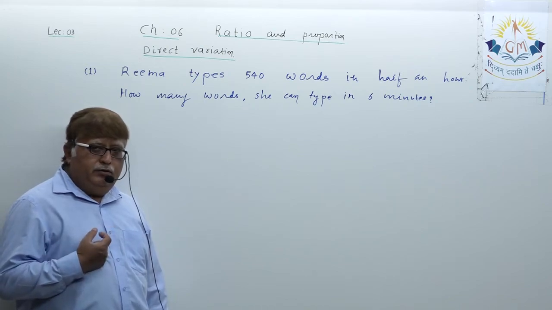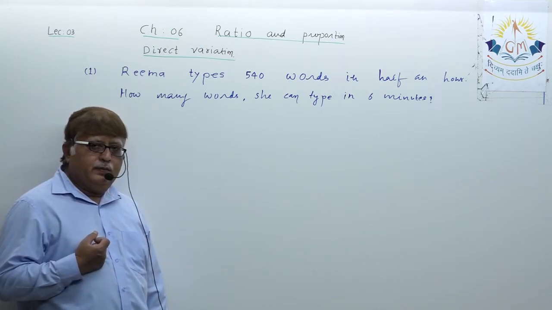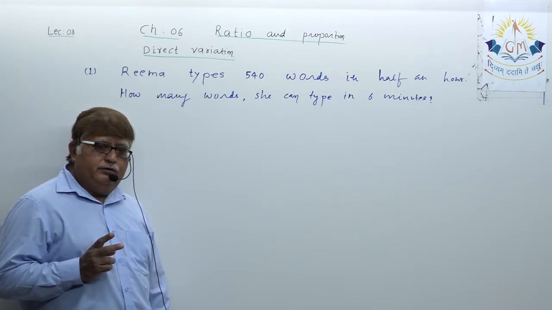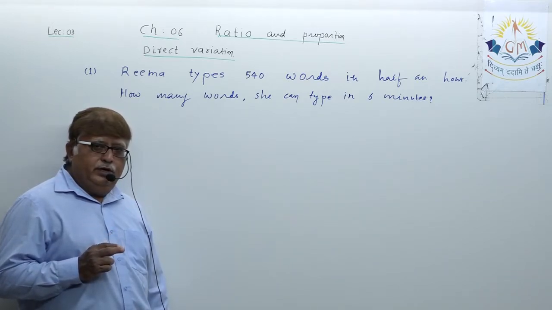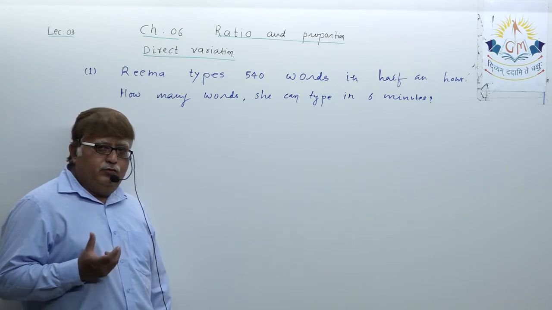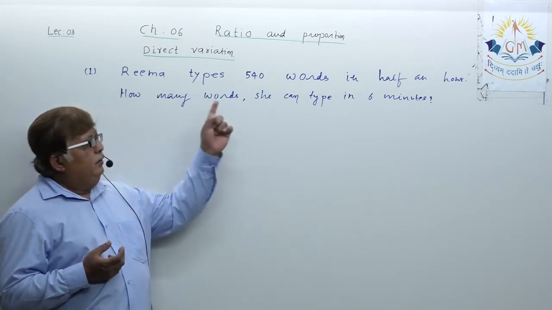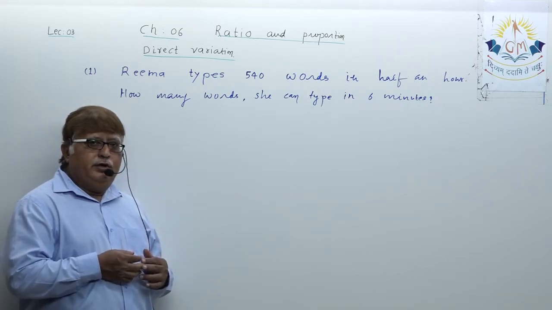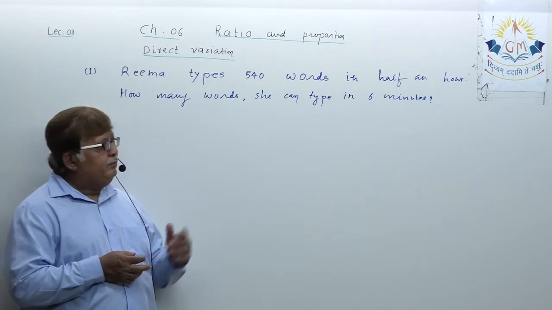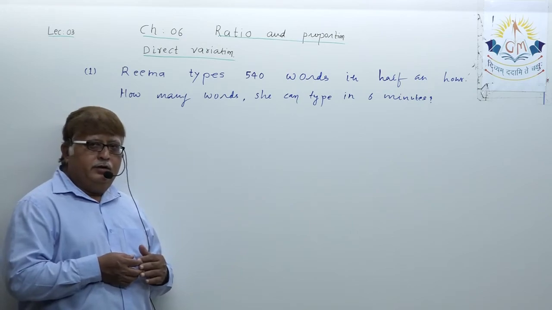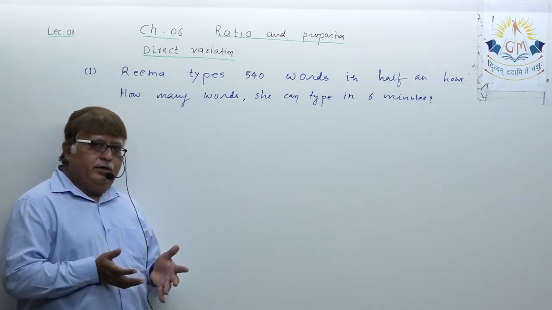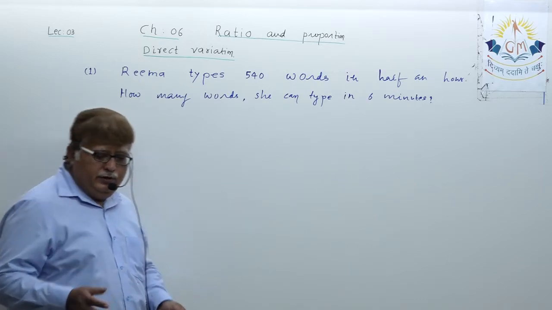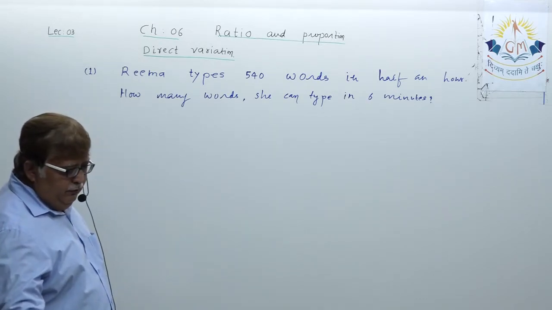While you read this sum, which two physical quantities are varying? The number of words you can take as x and time you can take as y. Is it clear?